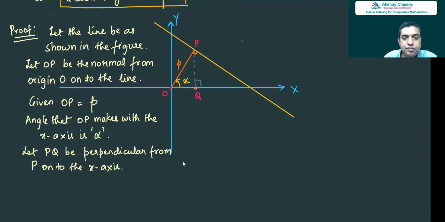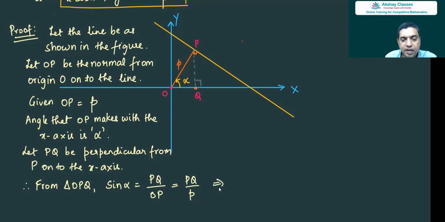So now from triangle OPQ, sine alpha is PQ upon OP. So this is PQ upon small p, which implies PQ length is p sine alpha.